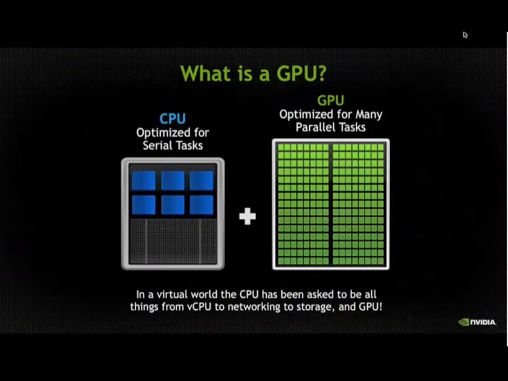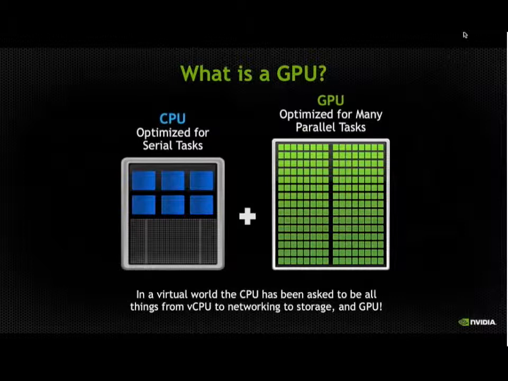Let's get started. Let's start with the basics. GPU. What is a GPU, and why are we having this conversation in the first place? CPUs, of course, are the thing that we rely on most and consider most when we're developing or building servers and hosting solutions. But the problem is CPUs are serialized.